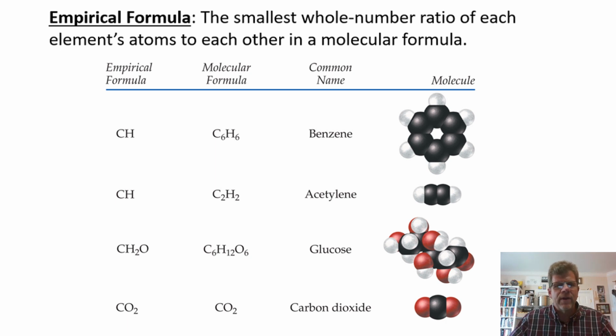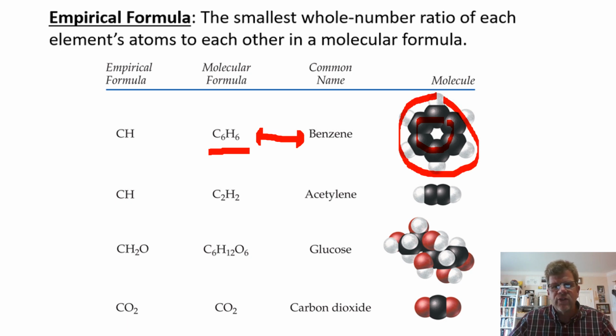So we have a table here, and if we look at the top piece of the table, we're going to be looking at benzene. Benzene is a hydrocarbon, or it's an organic molecule whose molecular formula is C6H6. And here's a picture over here. We see there's six carbon atoms and 6 hydrogen atoms. They just draw a picture there. It's not that important what it looks like. But we have the molecular formula C6H6. Now, can we make an empirical formula out of that?